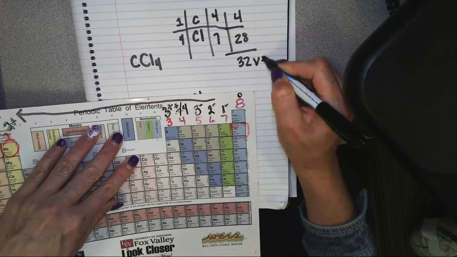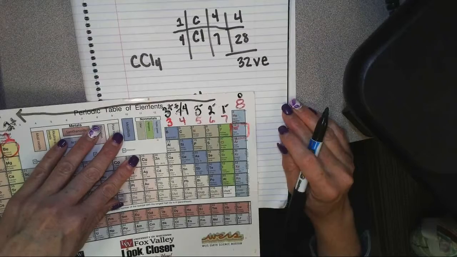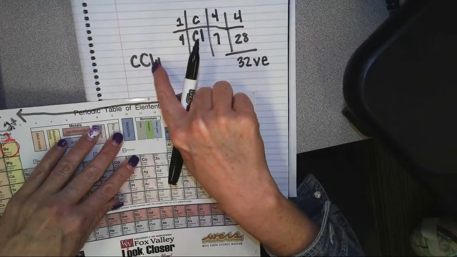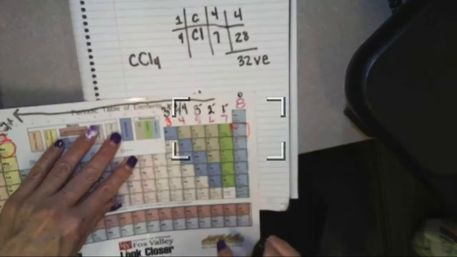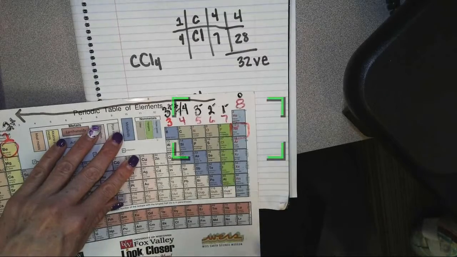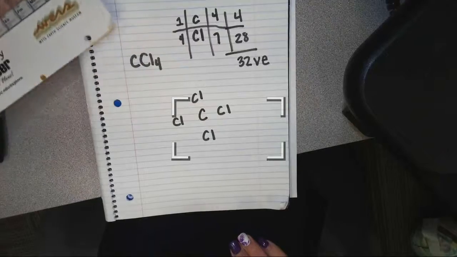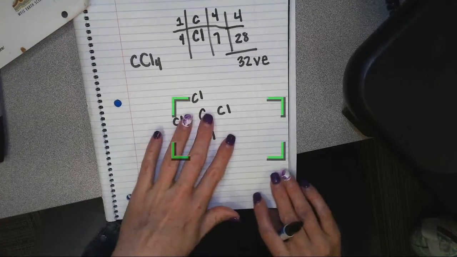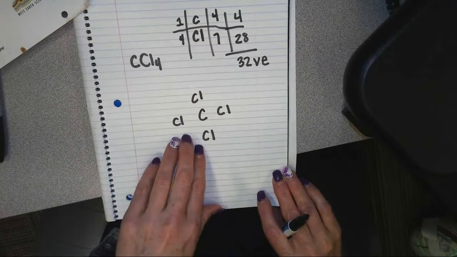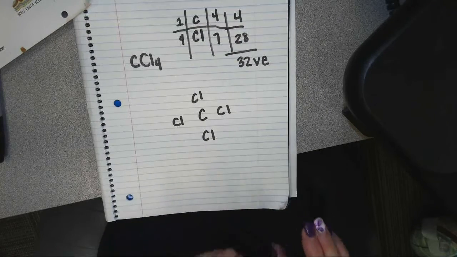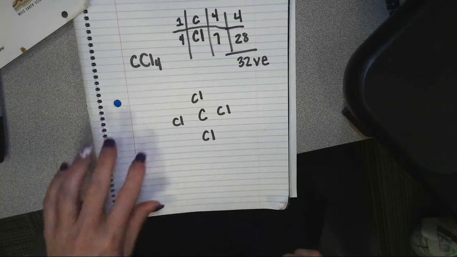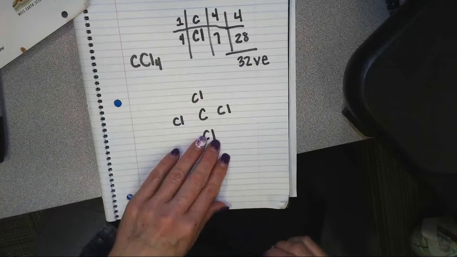So a total of 32 valence electrons. 7 in each chlorine and 4 for the carbon. Okay? Alright, so 32 valence electrons. So we need to arrange these around the atoms. And you want 8 around each one.